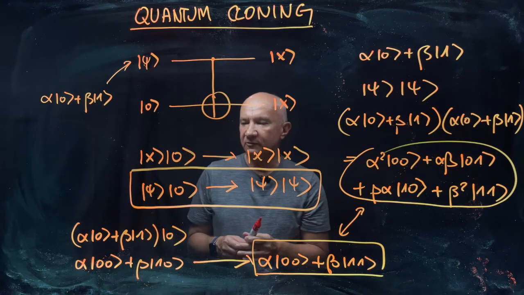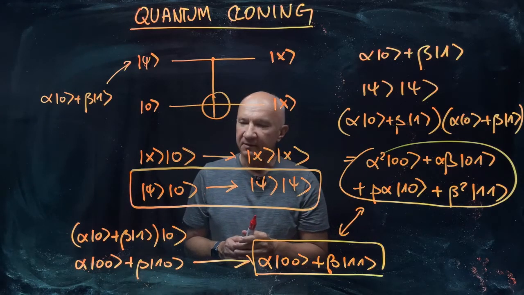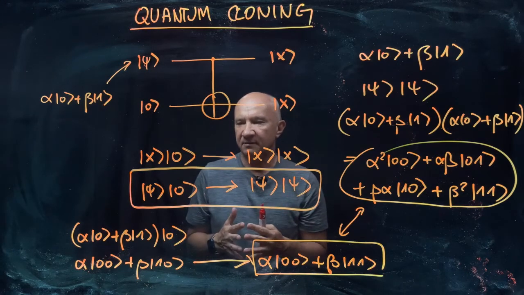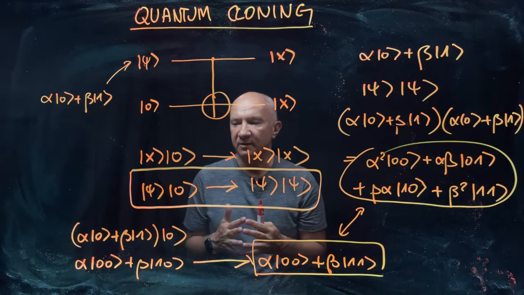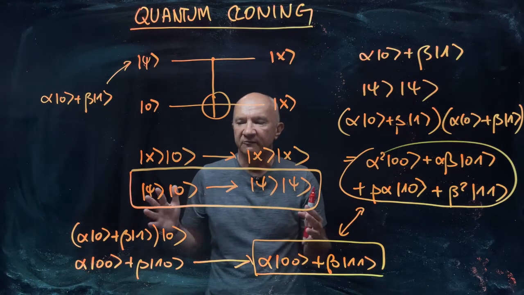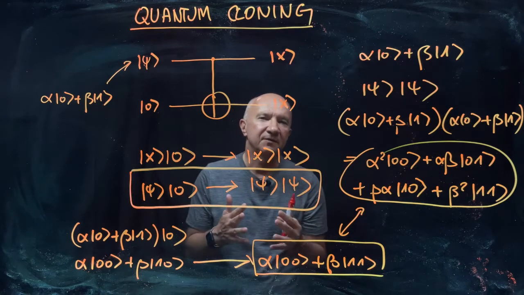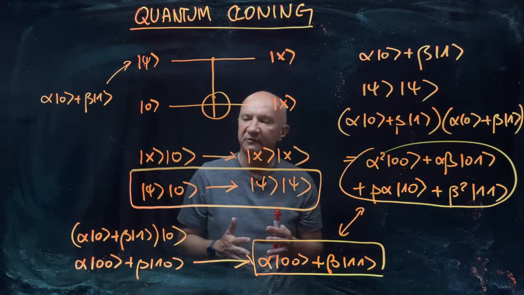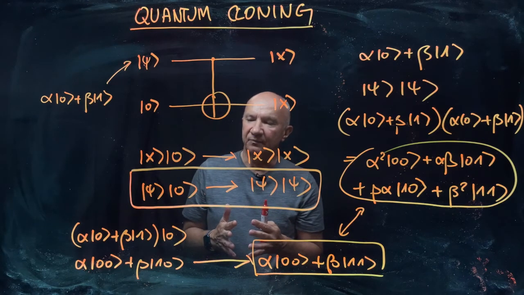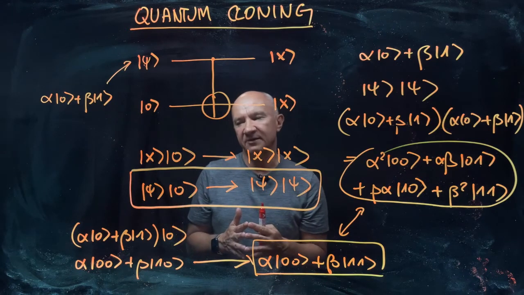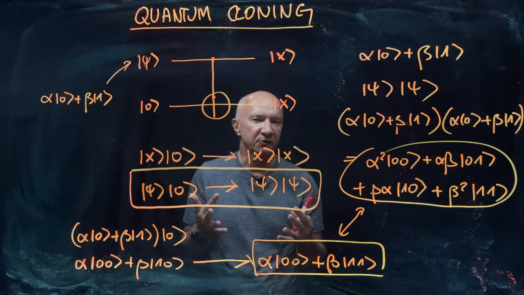I will leave it for you to play with, and you can either use the fact that evolutions in quantum mechanics are linear, or you can use the fact that it has to be a unitary operation that could possibly involve some other systems, and whichever approach you take, you can show that quantum cloning is not possible.